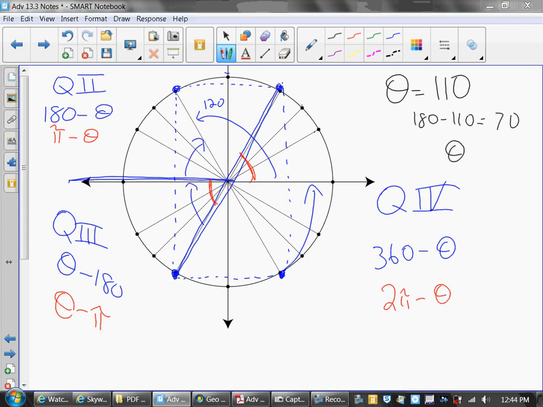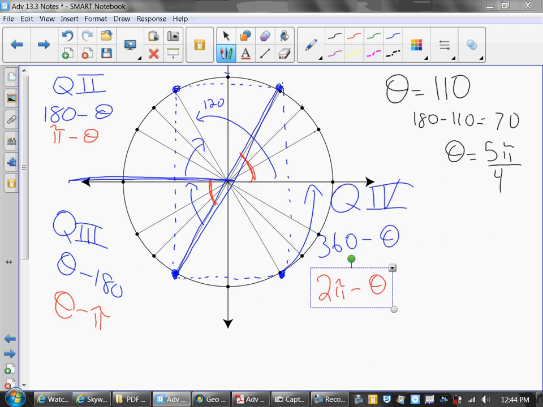Works the same way if you're dealing with pi. If I say theta is 5 pi over 4, we have to figure out what quadrant that will lie in. Well, 5 pi over 4 is 1 pi and 1/4 pi. Do you agree? What quadrant would that be? Third quadrant. So to figure out the reference angle for 5 pi over 4, we take 5 pi over 4, and what do you subtract? We subtract pi. What are you left with?